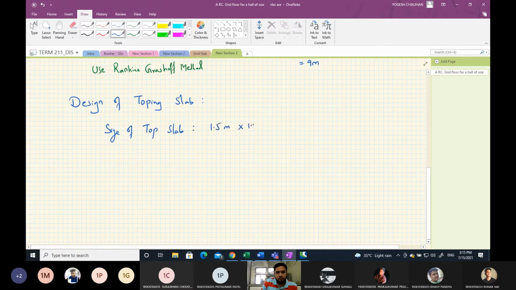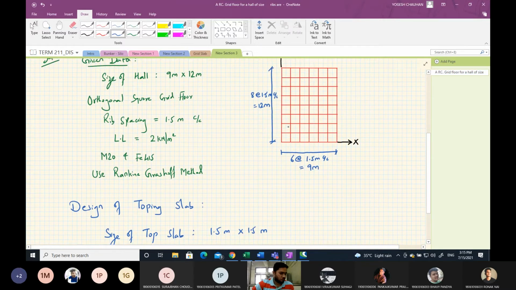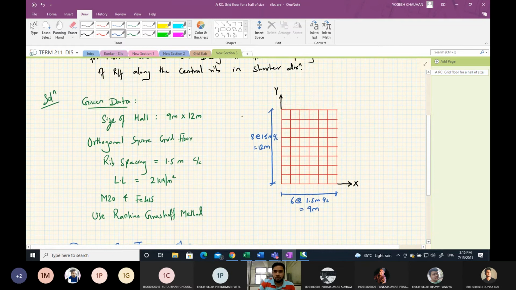That is our rib spacing in both directions. It is typical for all the grid lines.